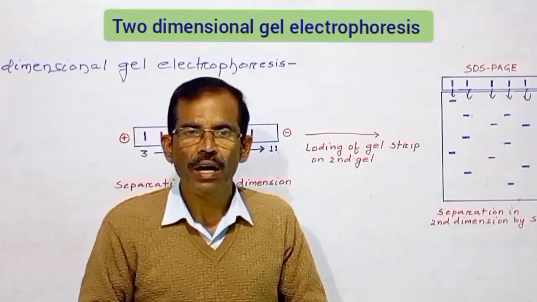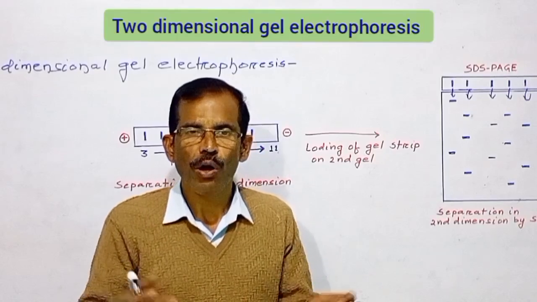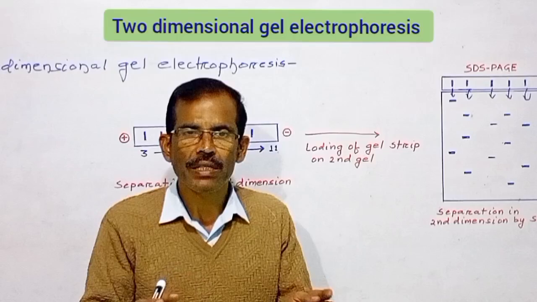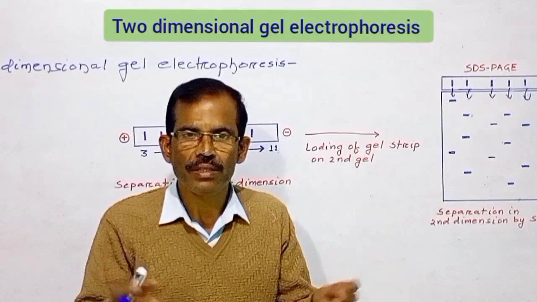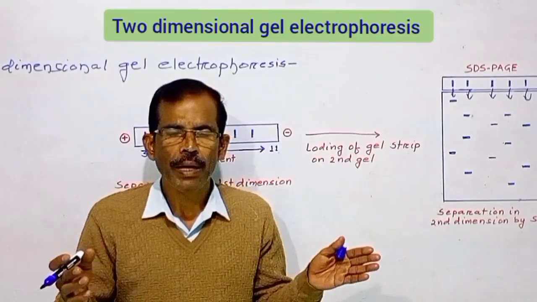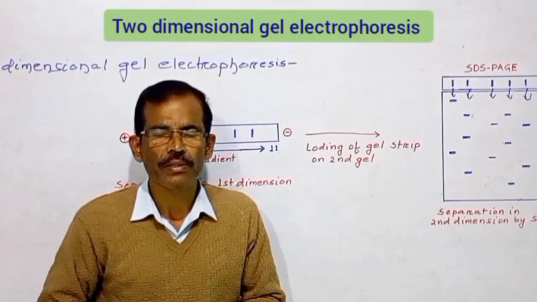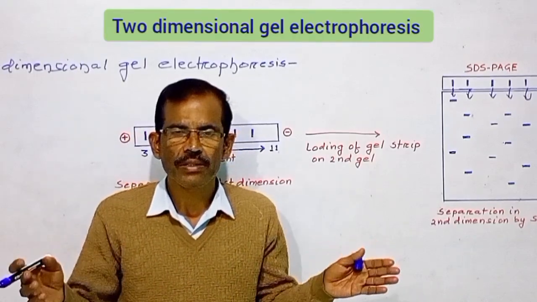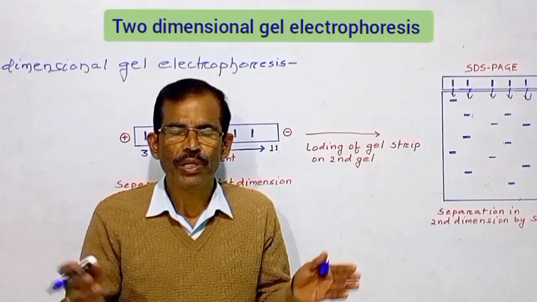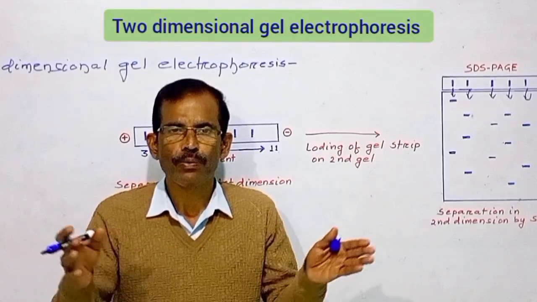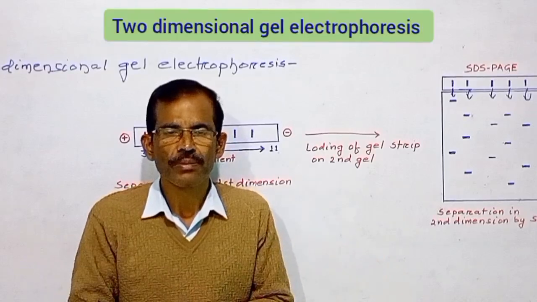SDS-bound proteins are flexible, rod-shaped structures having a uniform negative charge per unit length. SDS treatment thus eliminates the effect of the differences in net charge density and shape. The only difference between SDS-bound proteins is their size.